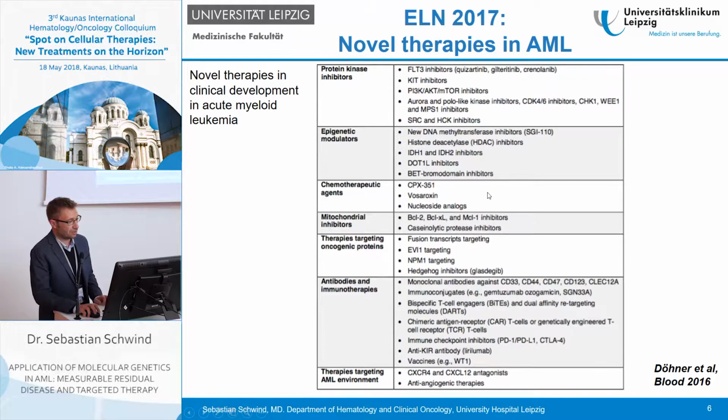But there are a lot of other targets, a lot of other pathways that can be exploited and that are being tested in clinical trials right now. So knowing what kind of mutation, what kind of gene expression profile the AML patient has will help in the future to decide what treatment to give to the patients.